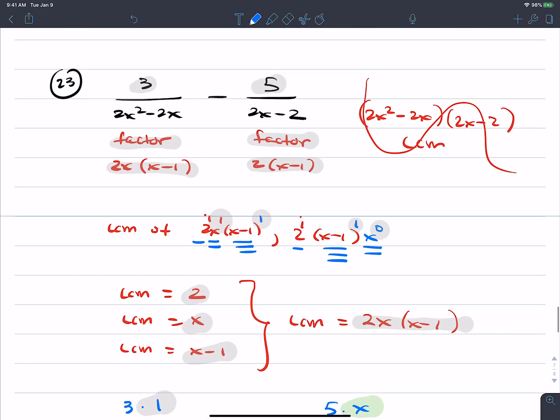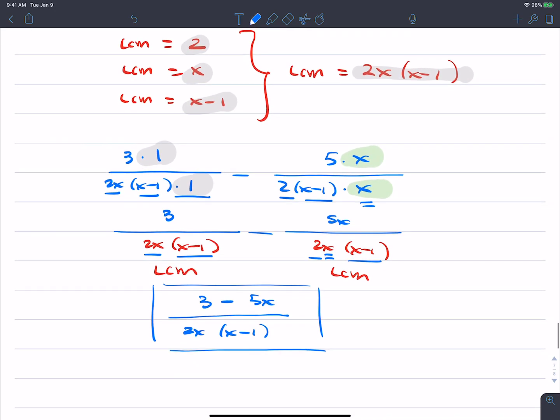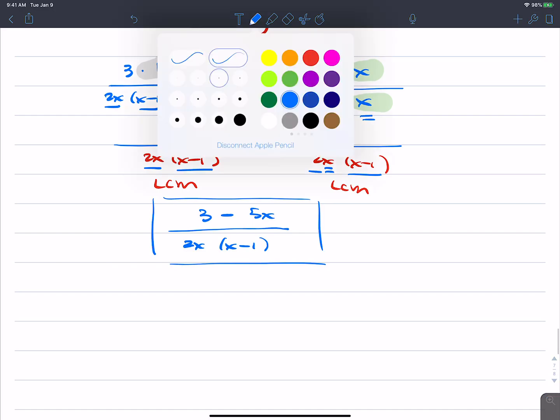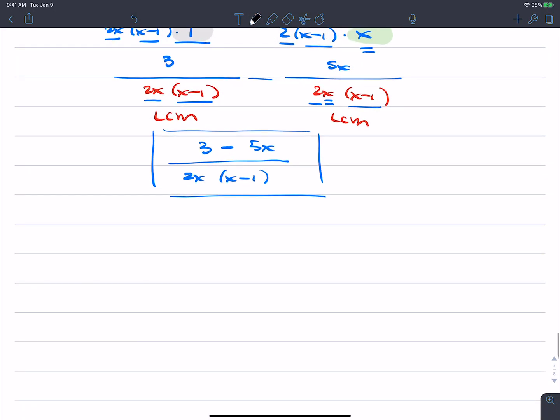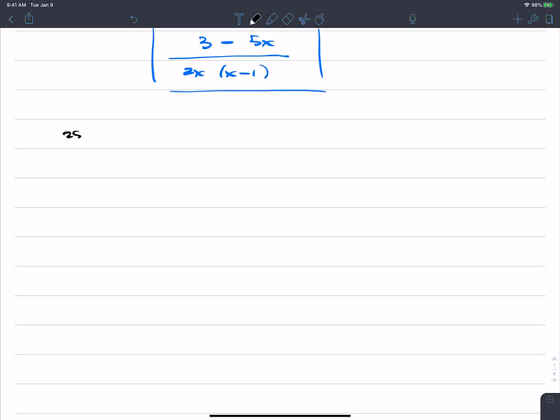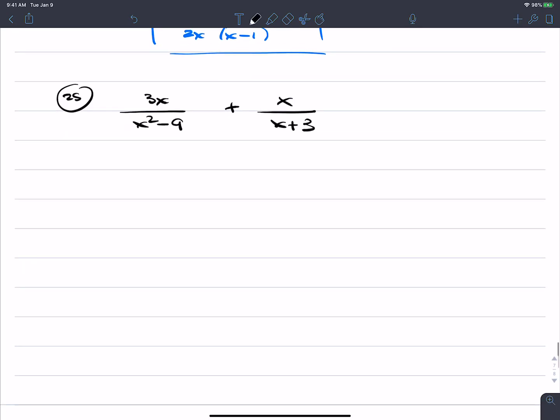This is number 23. Number 25: 3x over x squared minus 9 plus x over x plus 3.